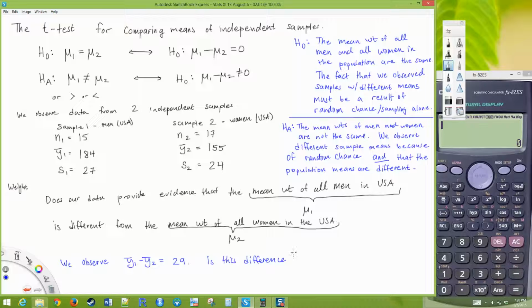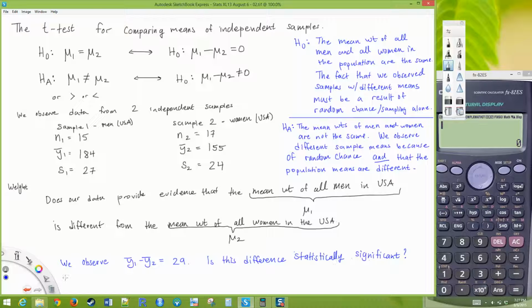So I'm going to use this terminology, statistically significant. This is the terminology that so many textbooks use, but a lot of statistics educators have complained that this doesn't quite convey the concept here. We just want to know, is this 29-pound difference big enough that it can't be explained by random chance? That's what this is essentially saying.